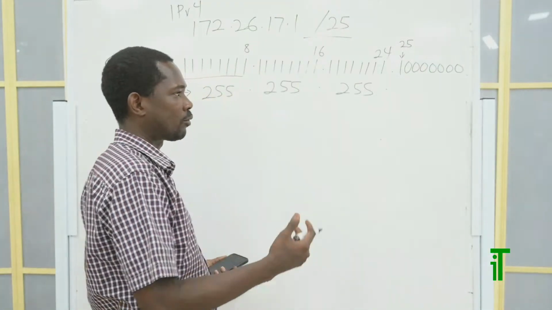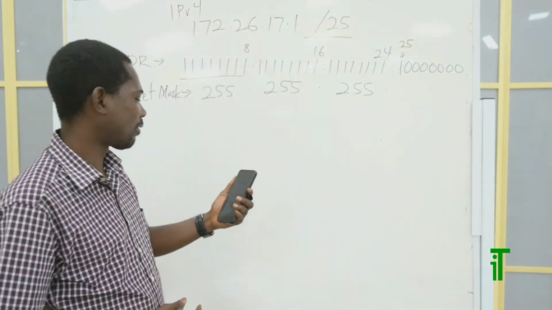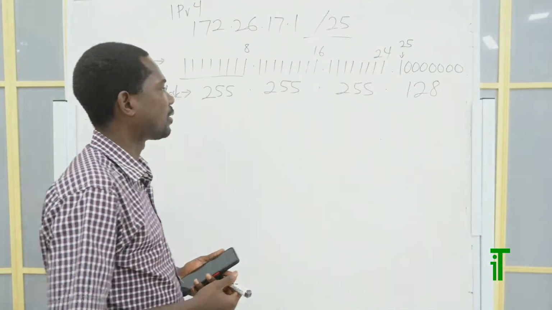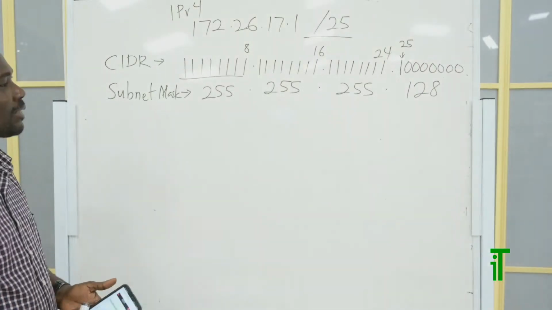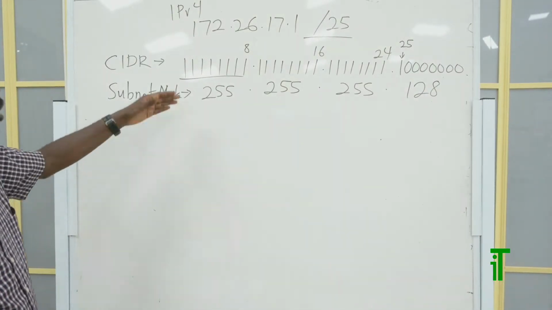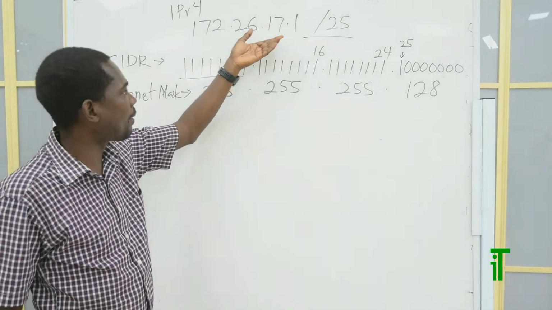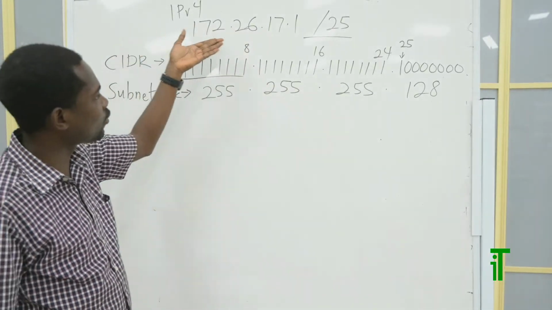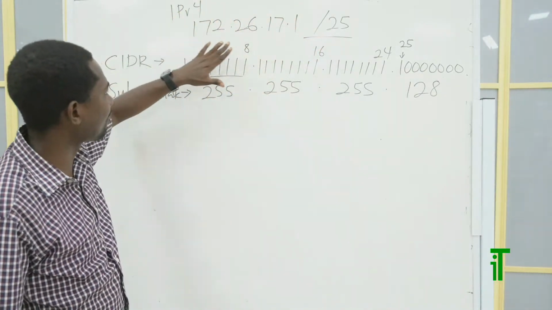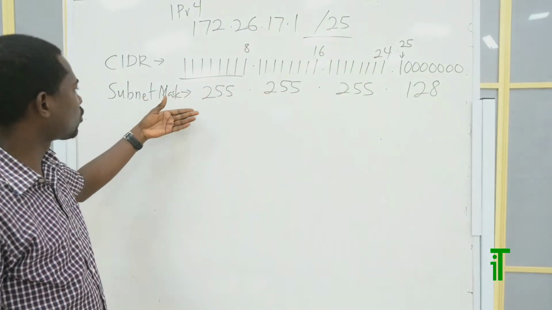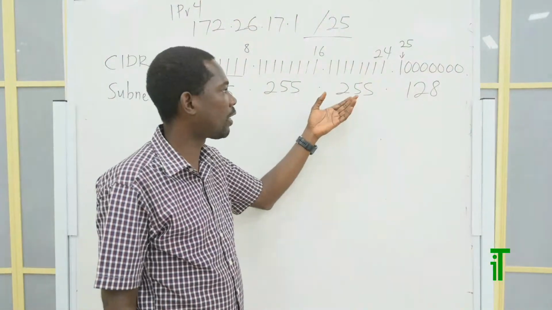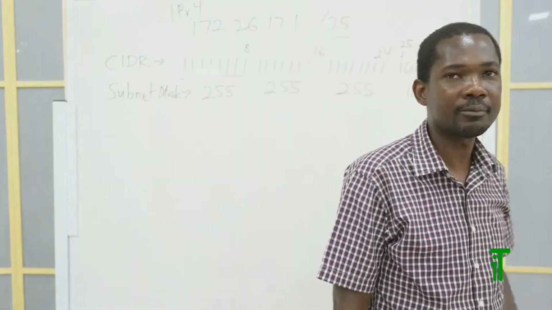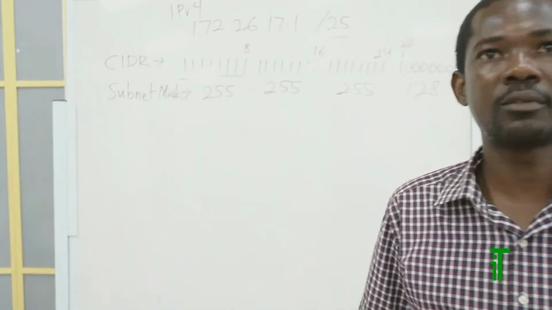Not to waste time solving this mathematically, I just have a converter. Decimal gives me that. So it means that the subnet mask of the network on which we have this IP address is 255.255.255.128. All right.